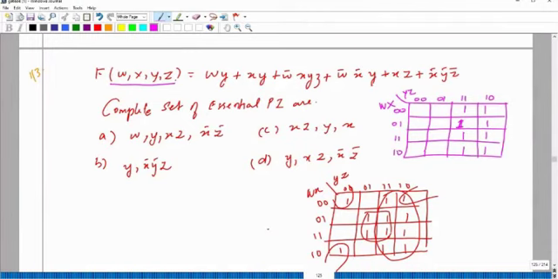Next, X Z bar. So this is your X, these two are your X. So where is Z bar? Sorry, Z. Z is here, these two places. So filling here.